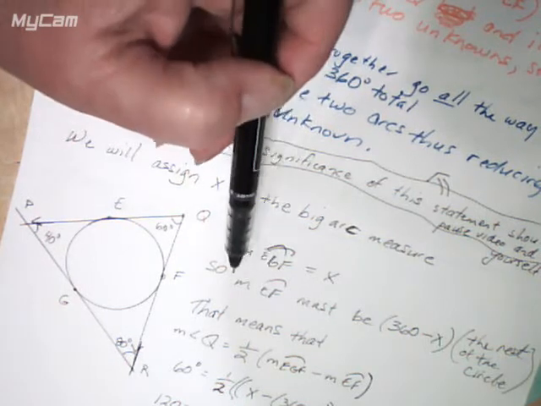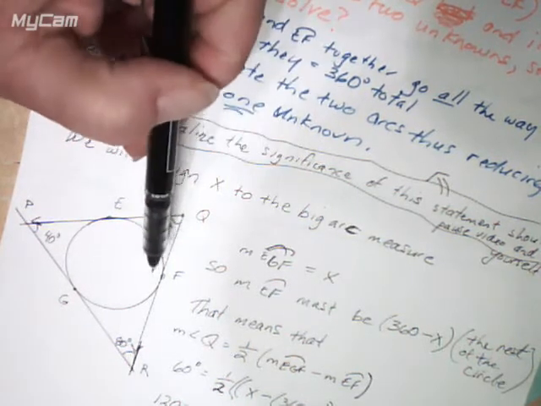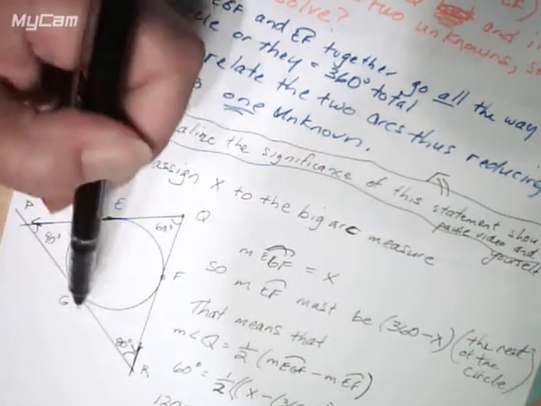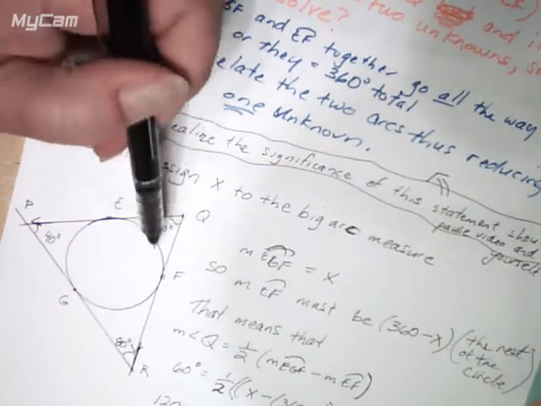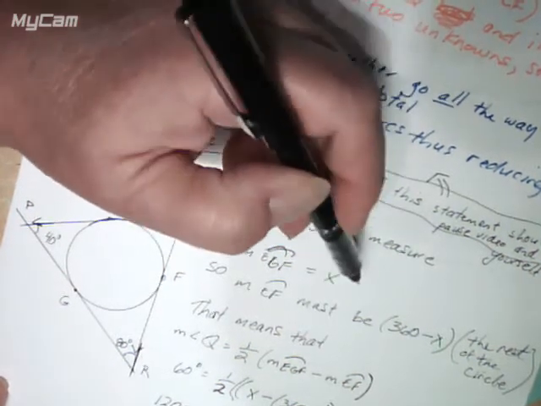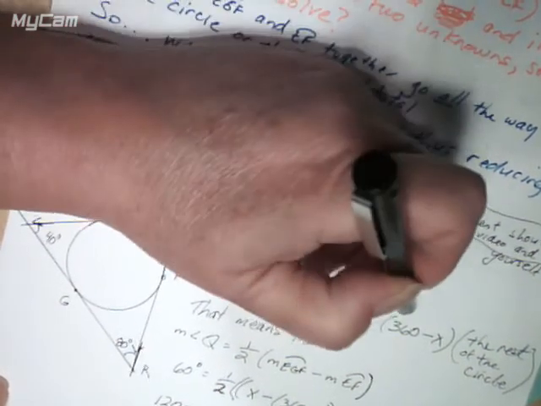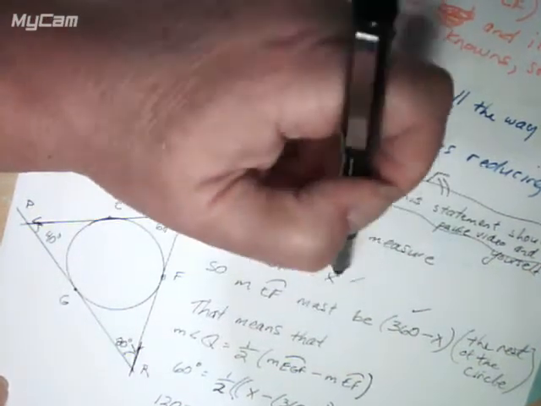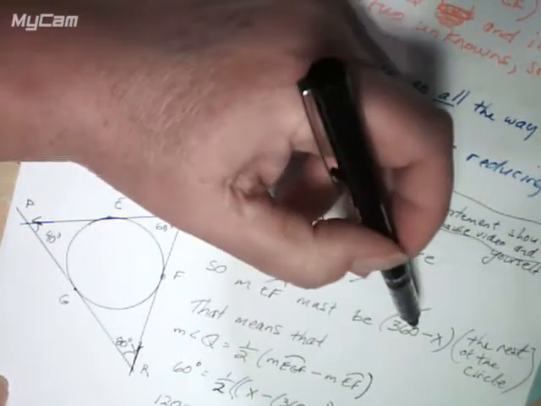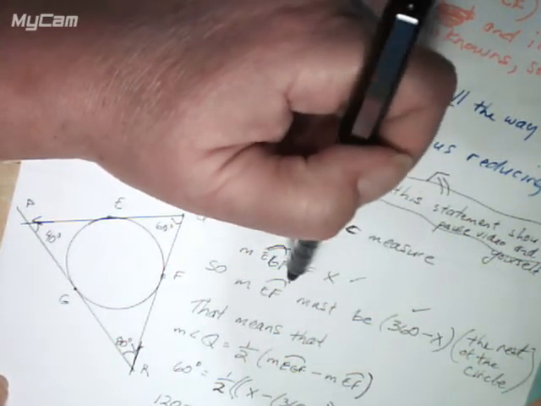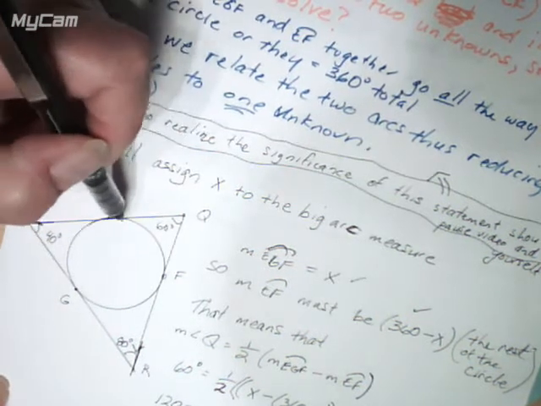All right, so that means that the measure of the little arc has to be 360 minus the big arc, because the little arc is the rest of it, right? So now we have the big arc, X, the little arc, 360 minus X. X and X is the same variable, and so now I'm going to use those for my expressions in order to find these arcs.